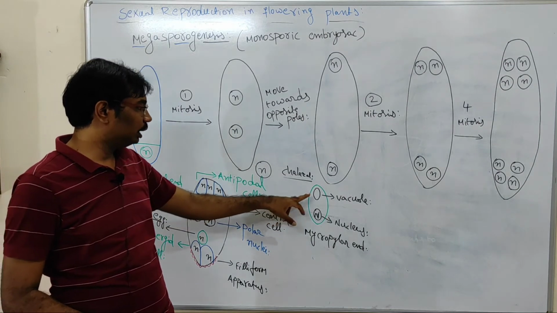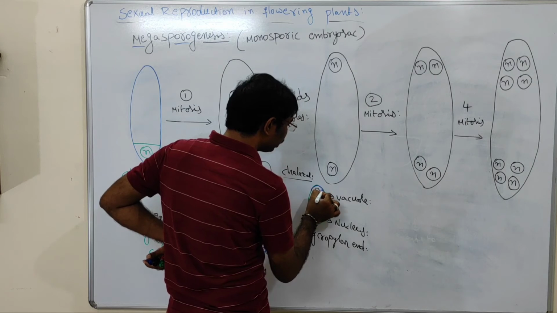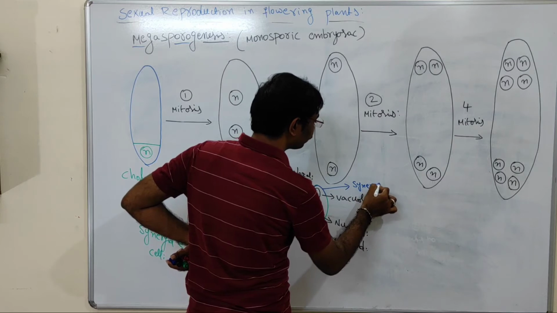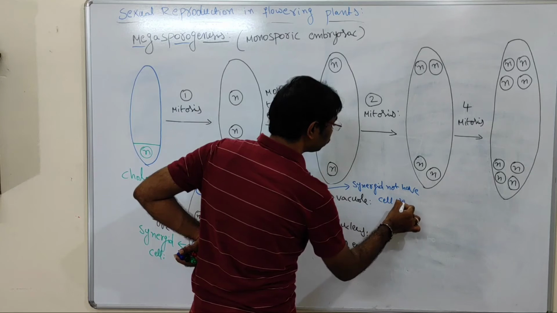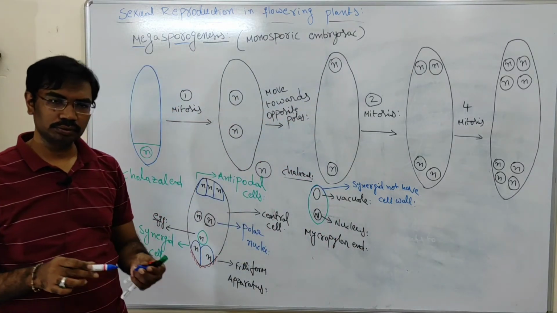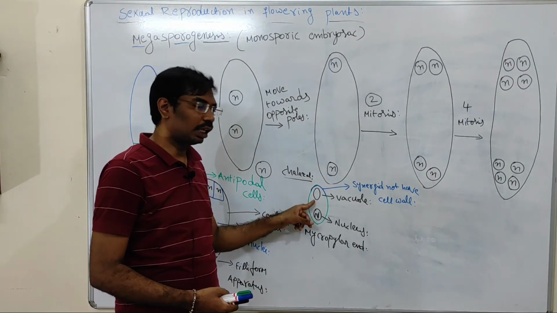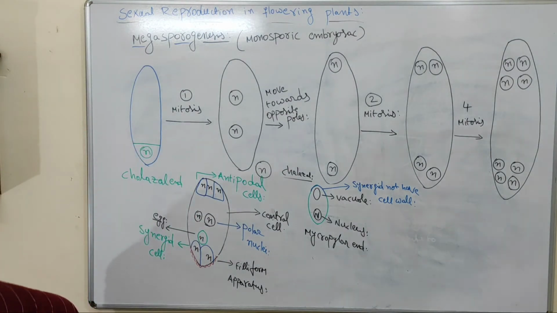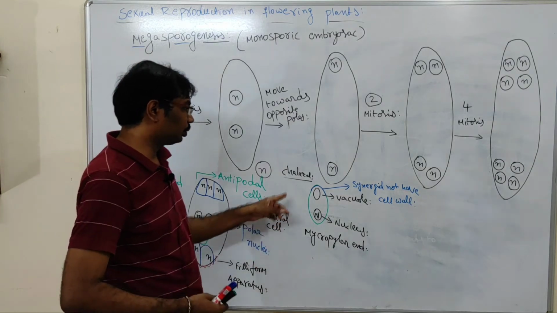In the chalazal end, see here, in this location, the synergid does not have a cell wall. Okay, sorry students, see here.